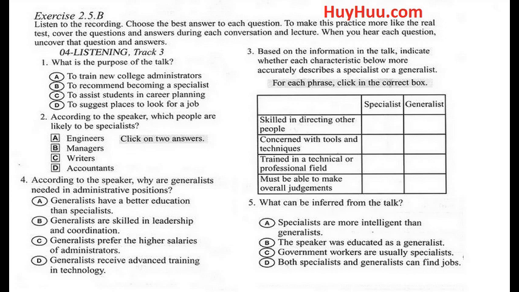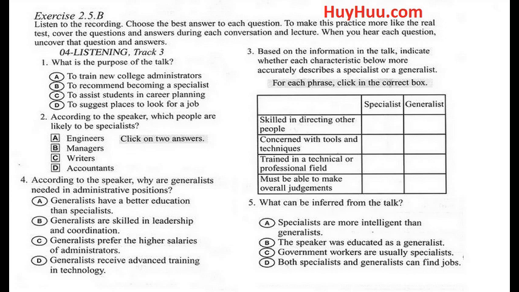Number 1. What is the purpose of the talk? Number 2. According to the speaker, which people are likely to be specialists? Number 3.